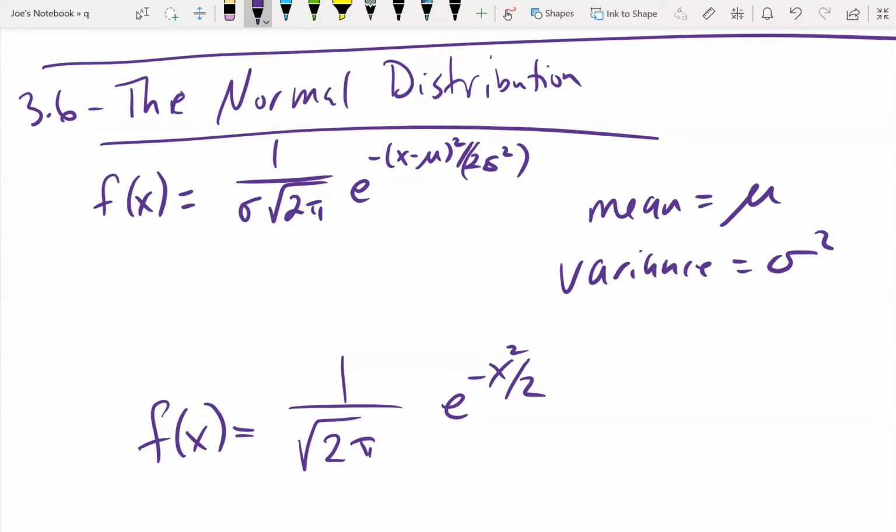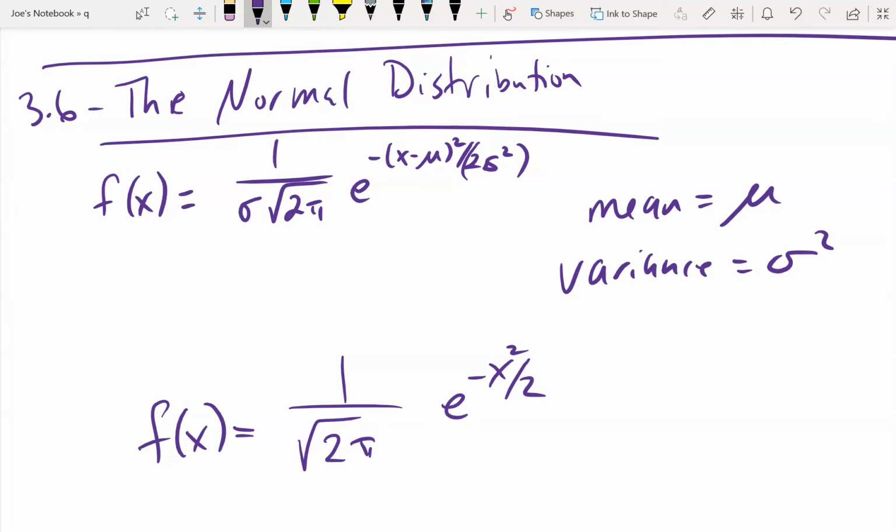If I look at that particular distribution and think about what the graph has to look like, let's look at the exponent. If x gets really, really big, I square it, it gets even bigger. Now there's a negative in front of it, so it's going to be big negative, no matter if x is positive or negative.